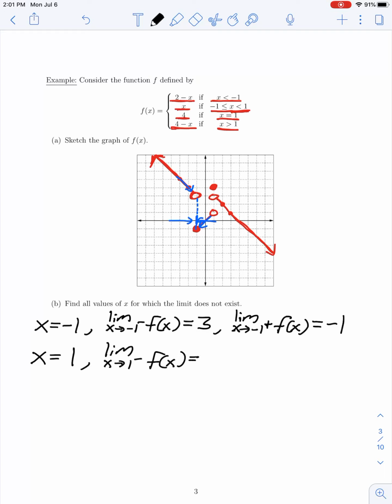The right-hand limit as x approaches negative 1 is negative infinity. The left-hand limit as x approaches positive 1 is negative infinity. And the right-hand limit as x approaches positive 1 is positive infinity. So if any of those one-sided limits are infinite, that's when we would say that our function has a vertical asymptote at that line.